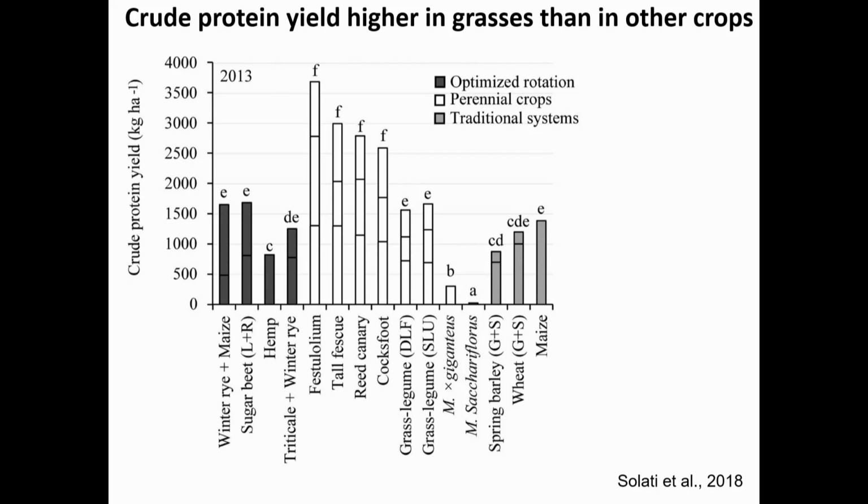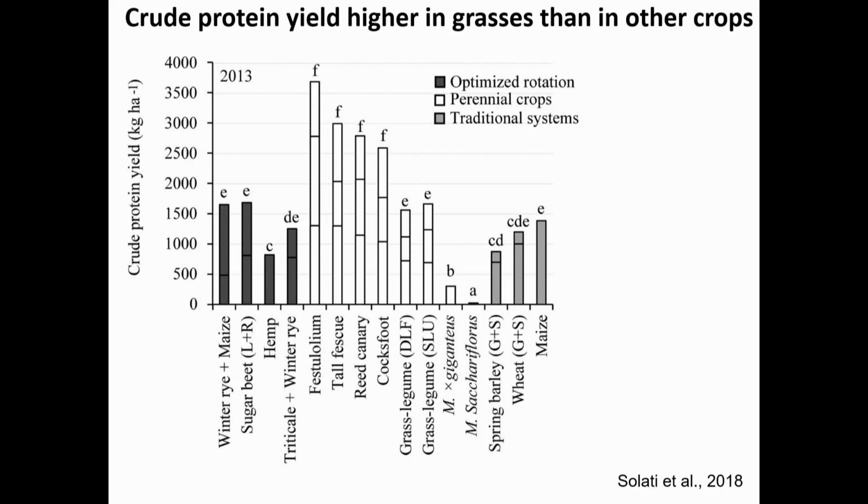So across many different crops, the white bars in the middle with 3 sub-bars, because the grass was harvested 3 times over a season, have a much higher content of crude protein per hectare than all of the other crops that were grown the same year on the same field.